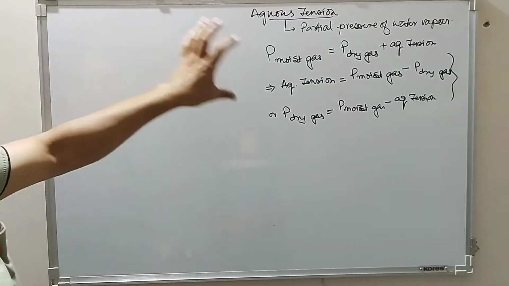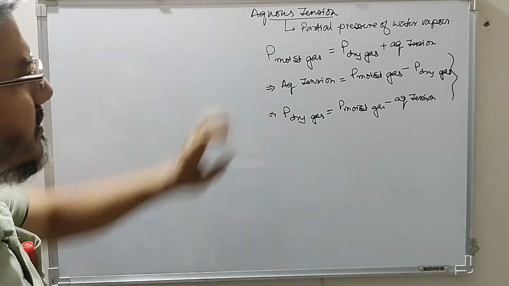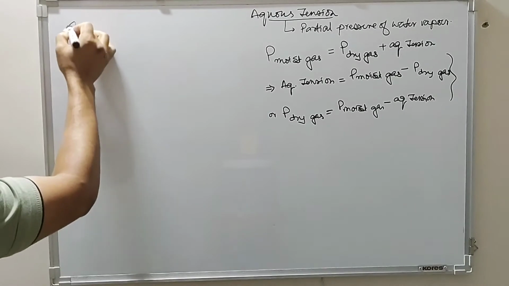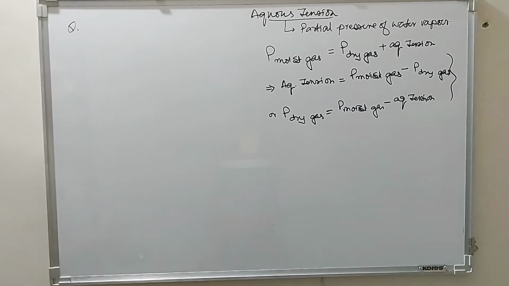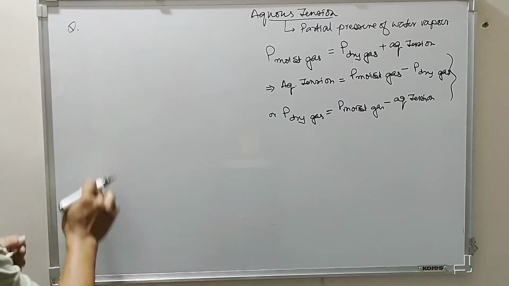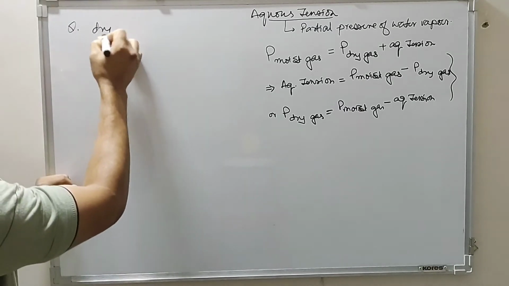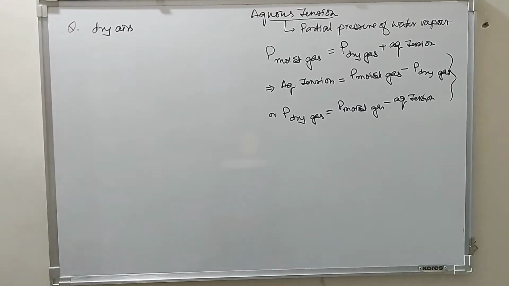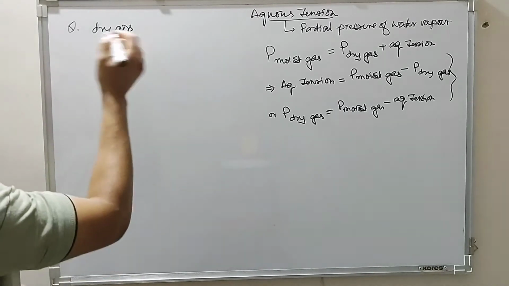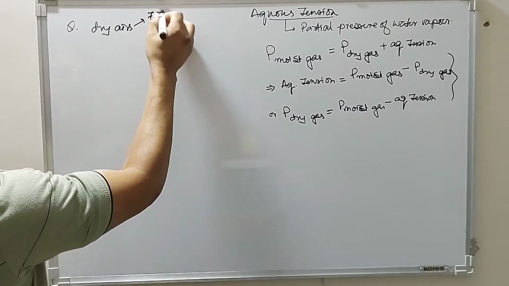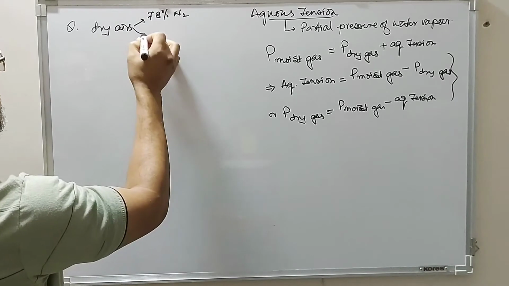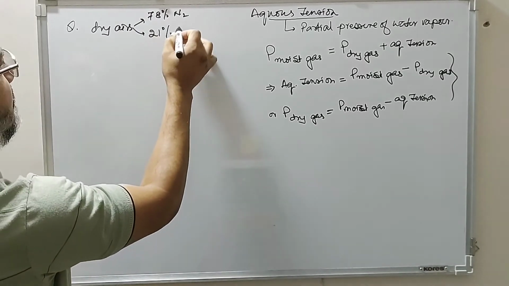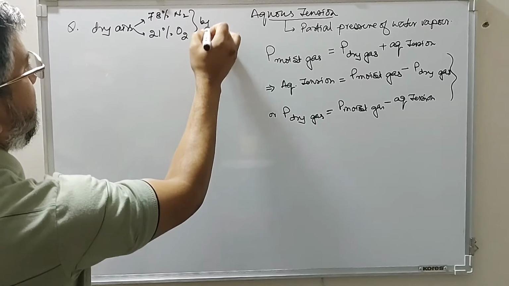Now, based on this partial pressure, let's try to solve some numericals. Let's see how we can find the partial pressure or total pressure, provided partial pressure is known to you. Suppose the question says dry air contains 78% by volume of nitrogen and approximately 21% by volume of oxygen.